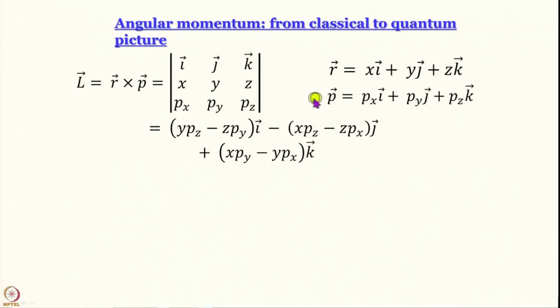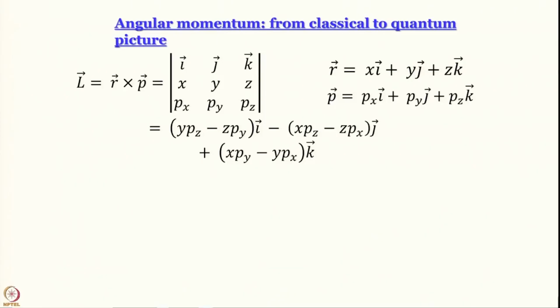So, this quantity is xpy minus ypx. That is not a commutator, it is just two operators operating one after the other. This is what we get.